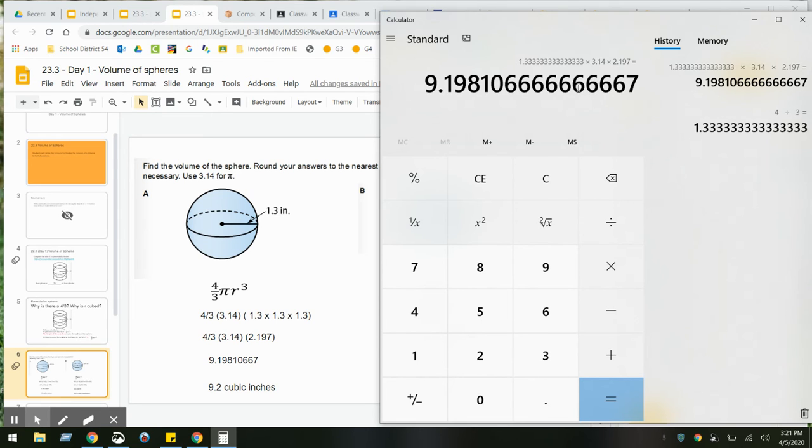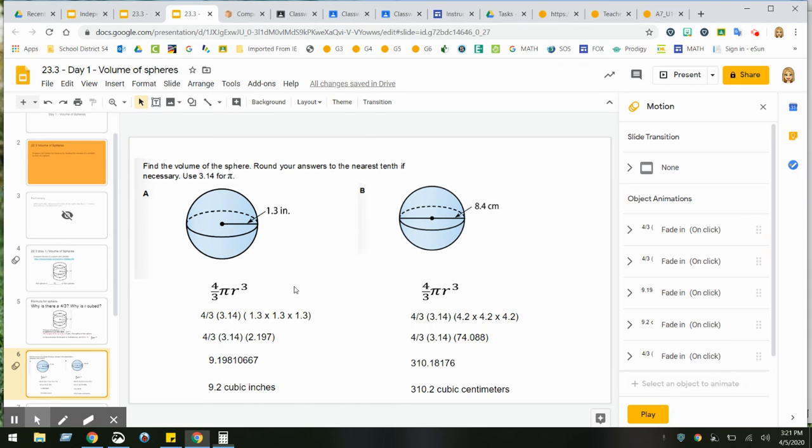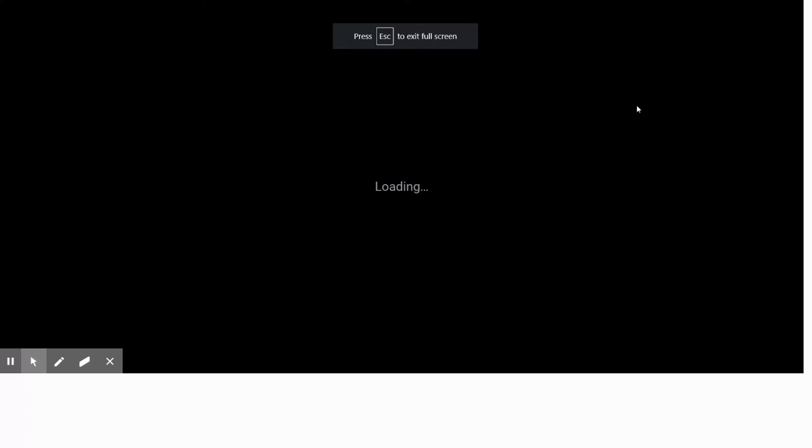Now remember, our answers had to round to the nearest tenth when necessary. That's how I got to my final answer of 9.2 cubic inches. So again, just make sure that when you're solving this in your calculator, you are taking 4 divided by 3, then multiplying your next 2 numbers. Okay, let's keep going.